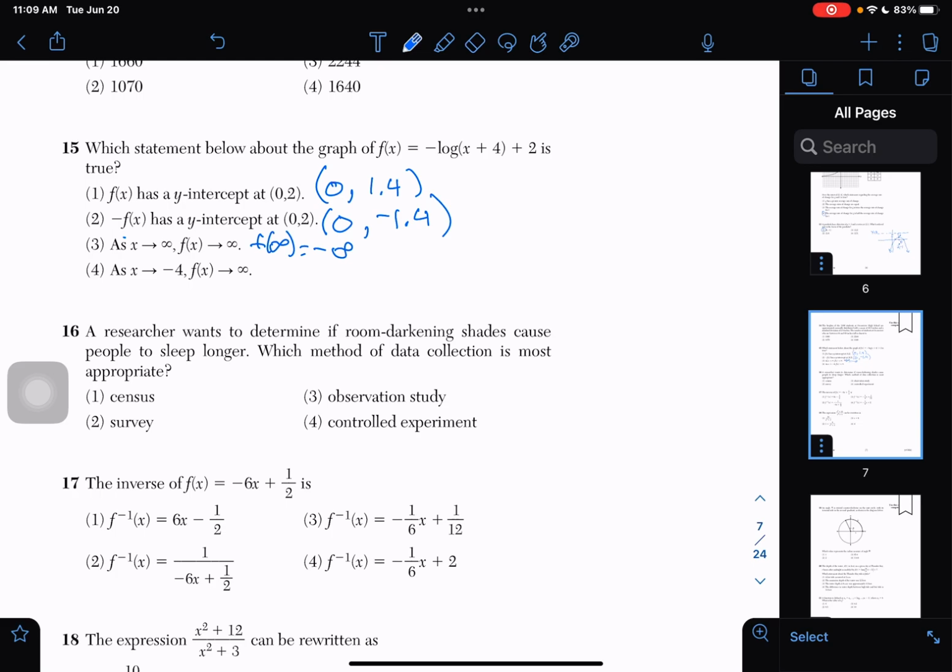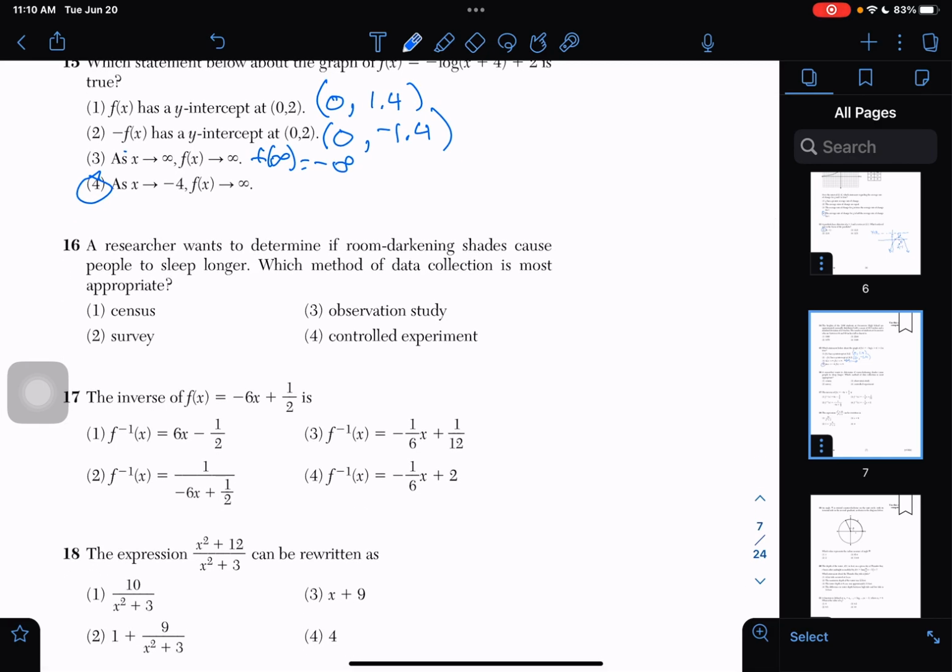And as the x goes further and further, it's going to become smaller and smaller. It's going to go to negative infinity. And for negative 4, as we're going towards 0, the number is going to grow up. Log of that number has become very, very big, and then add 2 more to it. So this is number 4.